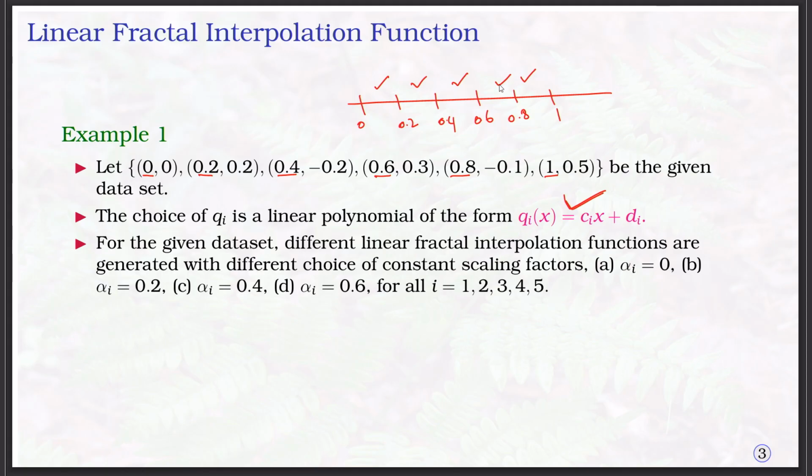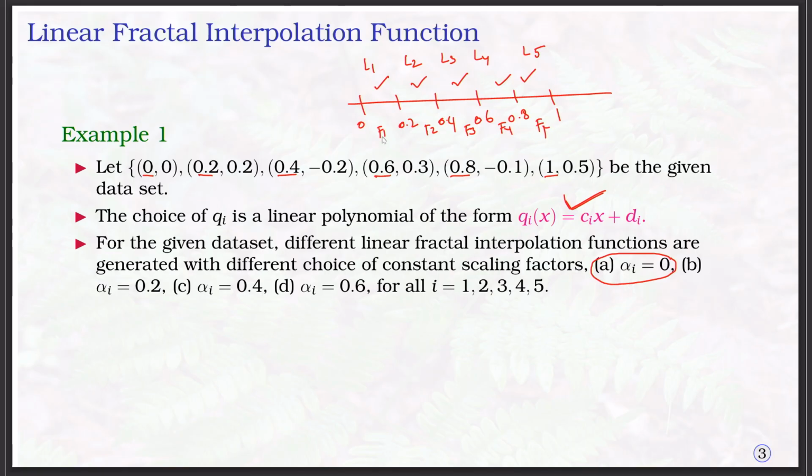For each interval, I can first take alpha i equal to 0 in all the intervals, because we need to find L1 to L5 as well as F1 to F5.